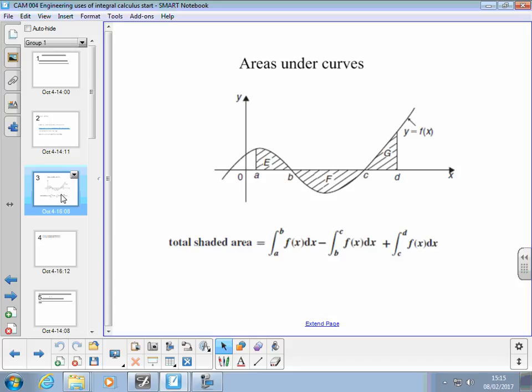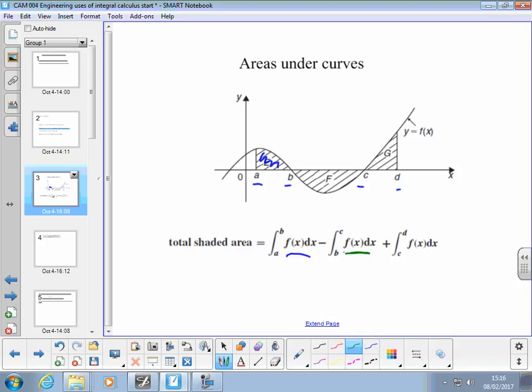If we take that curve there, where the line is a function of x, y is f of x, we can find the shaded area by using the integrals between the various limits. The limits here are marked a and b, c and d. So to find that area, we find the area of the function between the limits a and b, that's that bit.